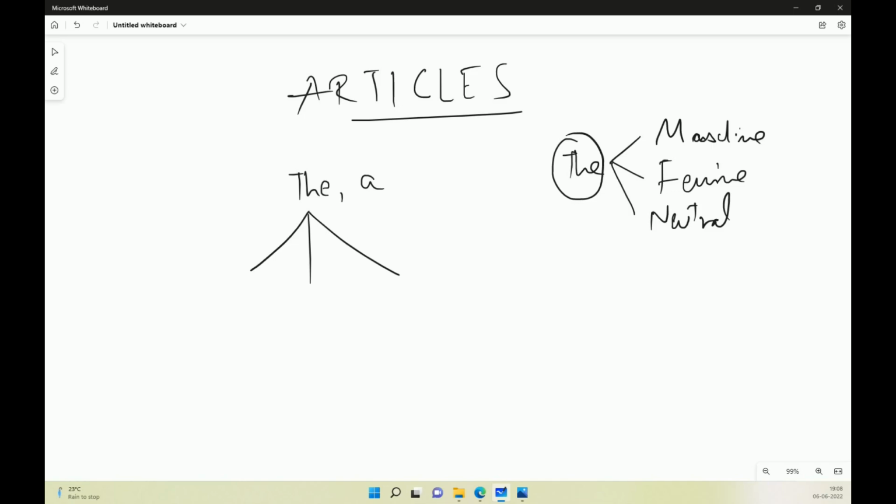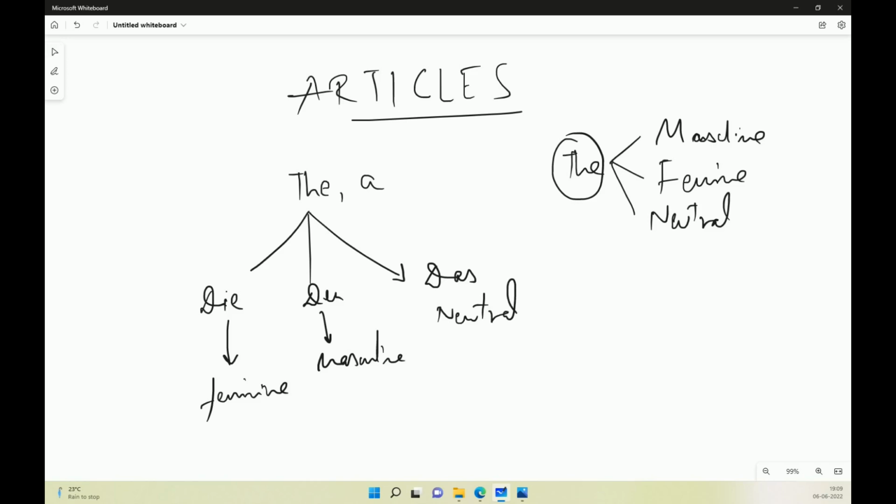So the literally converts to die for feminine, then it converts to der for masculine, and then it converts to das for neutral. All right, der, die, das.